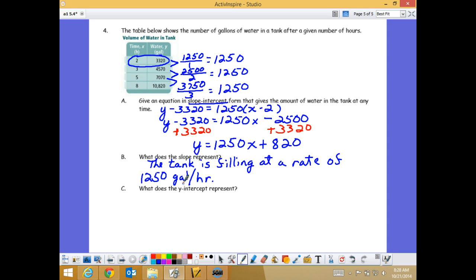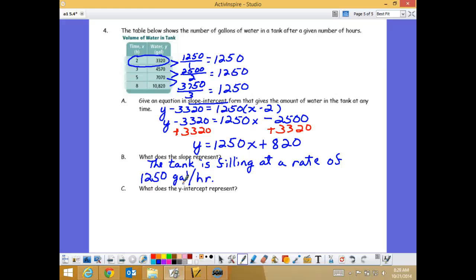So the amount of water in the tank is increasing at a rate of 1,250 gallons every hour. Each hour that goes by, there will be 1,250 more gallons in the tank than there was the hour before.